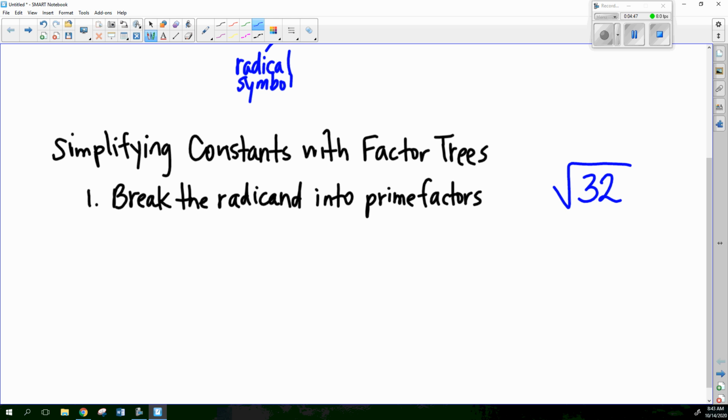All right, so when I say break it into its prime factors, all right, that's what we're going to do when I say make a factor tree. All right? Can someone tell me any two numbers that multiply to give you 32? Come on, it's not a hard one. Two numbers that multiply to give you 32.